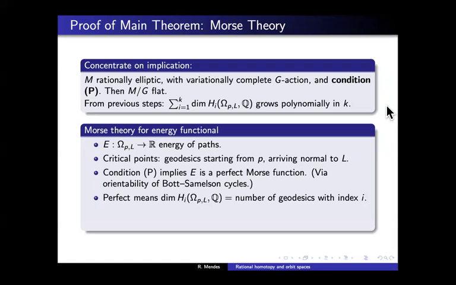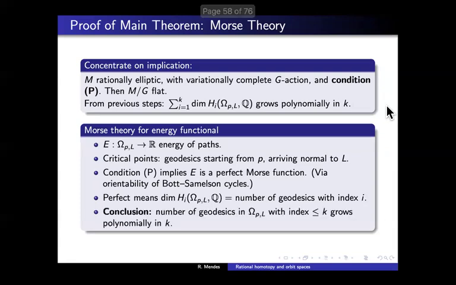The only thing you need to prove to get perfect is that these Bott-Samelson cycles are orientable over Q. And that's what this condition P gives you, okay? All right, maybe I won't go too much more into that. But what do we get out of this? Well, we had polynomial growth for the Betti numbers of the space omega PL.